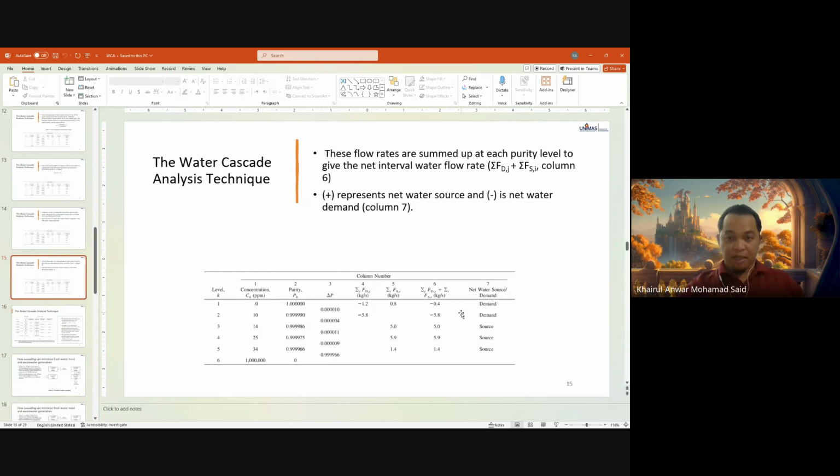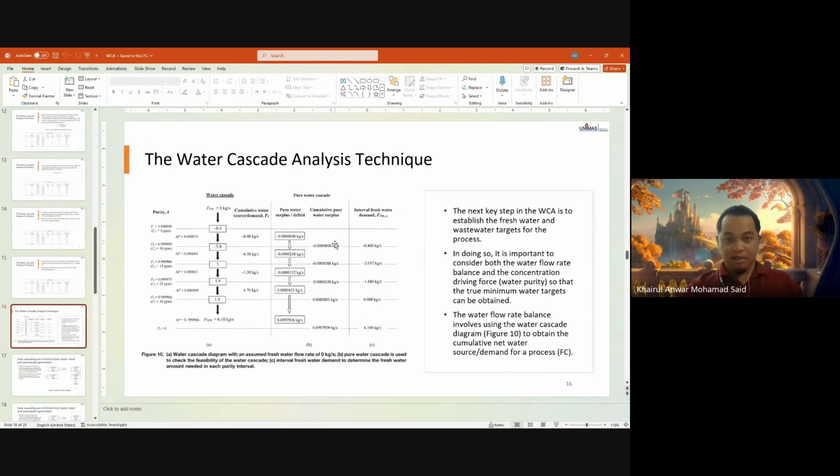So after we prepare until here, column 6 or 7, now we do the water cascading.